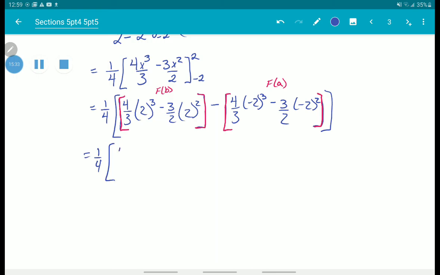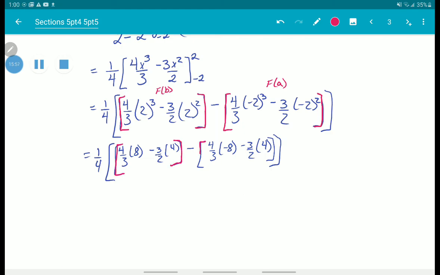So we have 4/3 times 8 minus 3/2 times 4, minus 4/3 times negative 8 minus 3/2 times positive 4. Once again, notice my parentheses. I'm evaluating f of b here, f of a here.